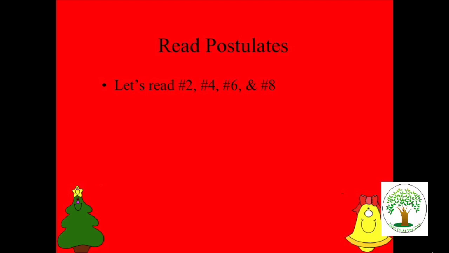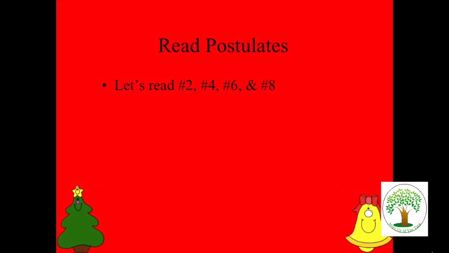Would you read that for me, Brett? Thank you. The consecutive angles of a parallelogram are supplementary. We're going to talk about what that means in a little bit. Consecutive angles are supplementary. And number 8. Can I have a volunteer? Go ahead, Amy. The diagonals of a parallelogram bisect each other.